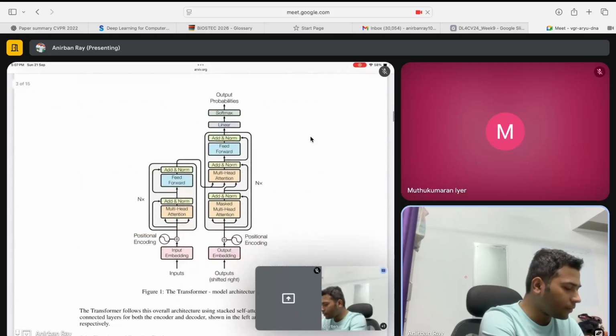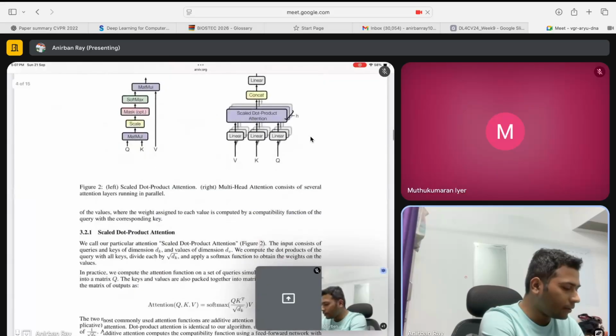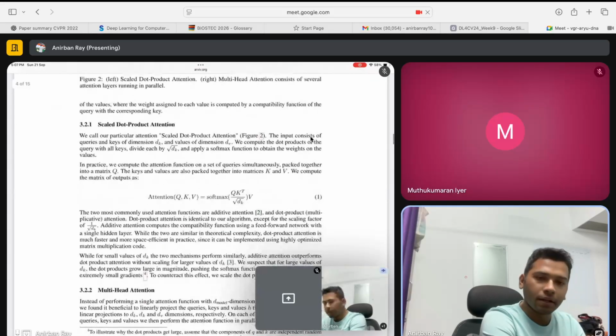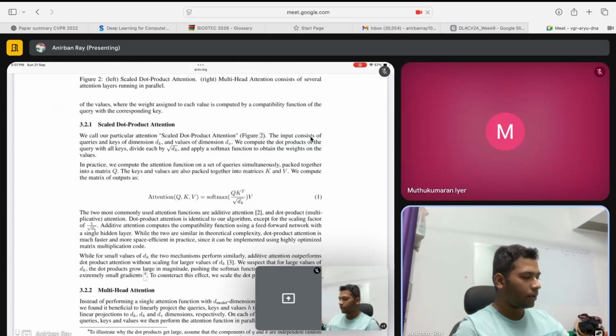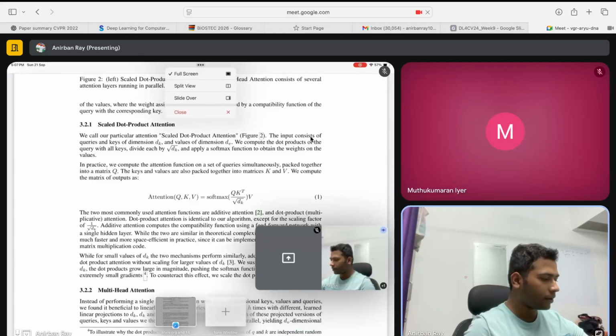So this is the transformer architecture. First we have to define the attention here, and the attention is dot product based. Let me download this one.